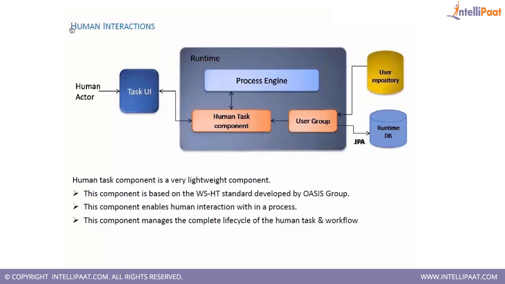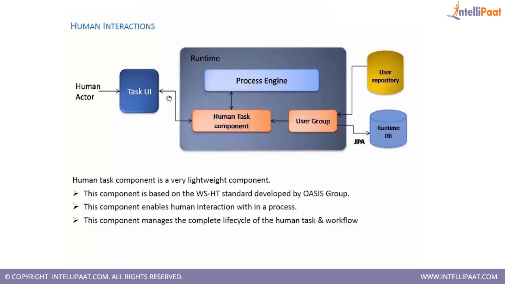And to manage any human interaction, process engine needs to delegate the activity to the human task component, and this is the one which performs and manages and executes all the human interaction within the process engine. So whenever a user task is reached in the process engine, it duly delegates a task to the human task component, and it makes the interaction with the user possible.